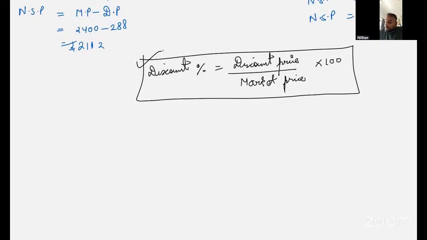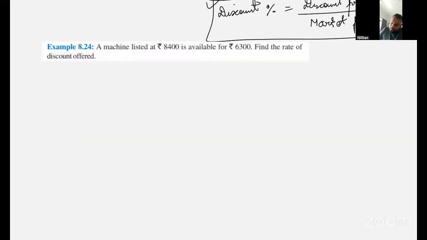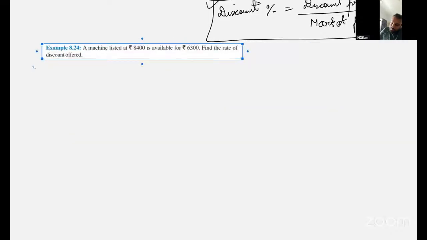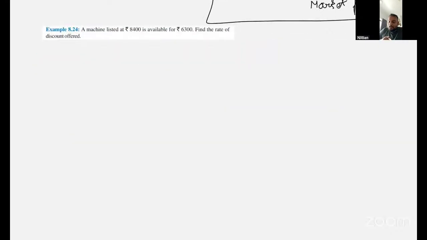Now, for example, there's one question. A machine is listed, which means this is the market price, the list price.